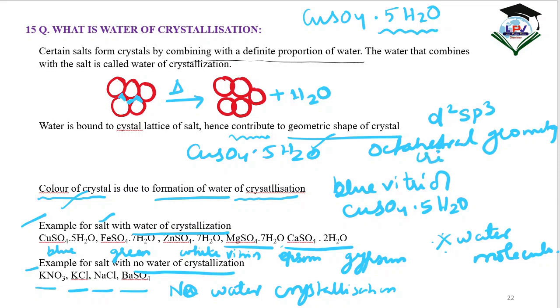It is having a triclinic structure. So based upon the water of crystallization, you can very well talk about the geometry, shape, structure, hybridization. Formation of water molecules also gives color. Give the examples and give the definition as well.